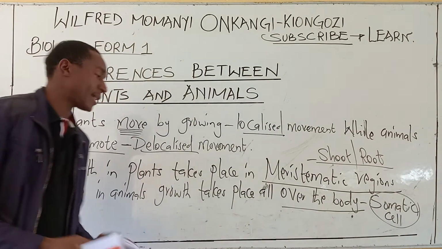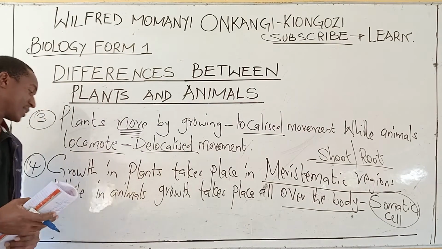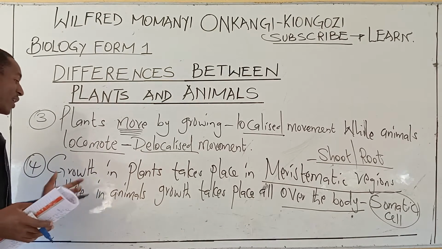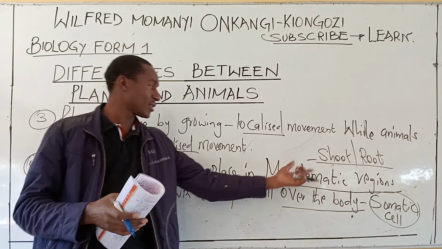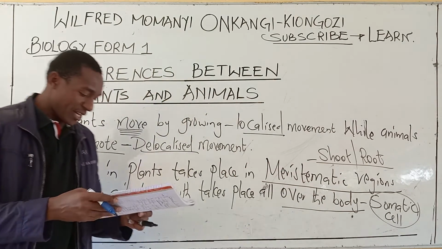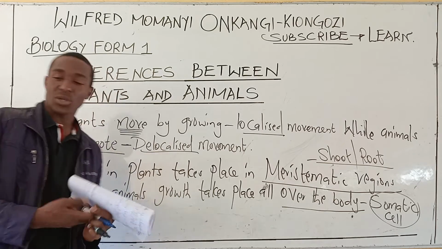So in animals, growth will take place in every cell, every part of the body. While in plants, it will only take place in the regions that we call meristematic regions, the shoots and the roots. Our last one is about excretion.